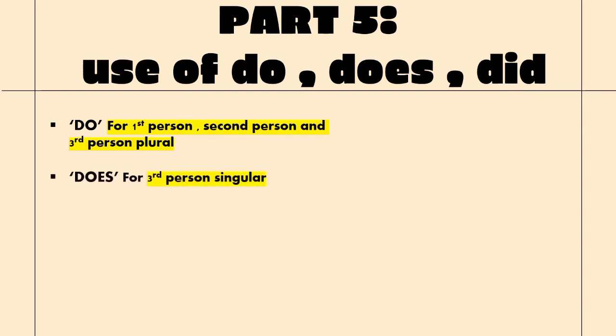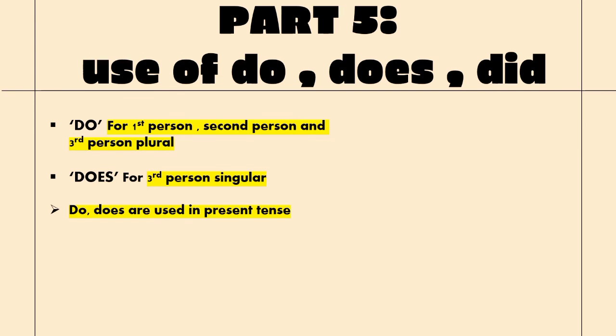So does is used for third person singular. So it is easy to remember that does is used with third person singular, and with all other things do is used. And do and does are present tense, means these are helping verbs used in the present tense, so we use them only in present tense.